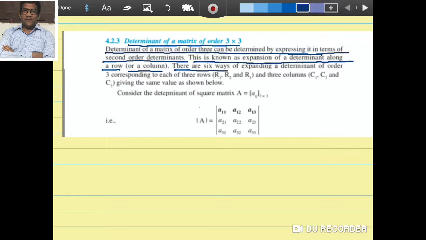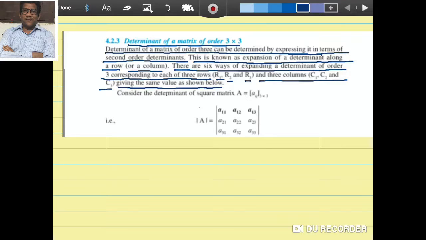There are 6 ways of expanding a determinant of order 3, corresponding to each of the 3 rows R1, R2 and R3 and 3 columns C1, C2 and C3, giving the same value.